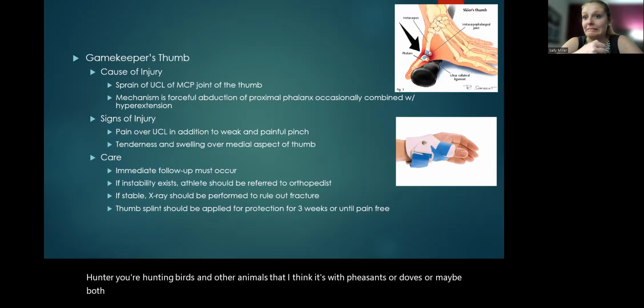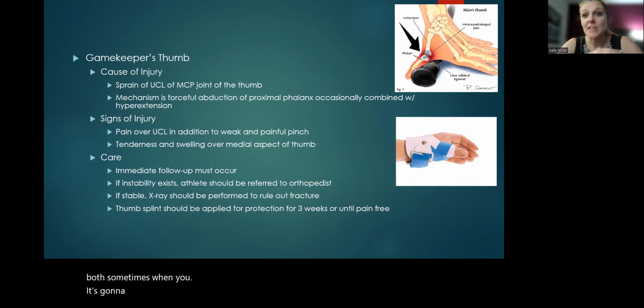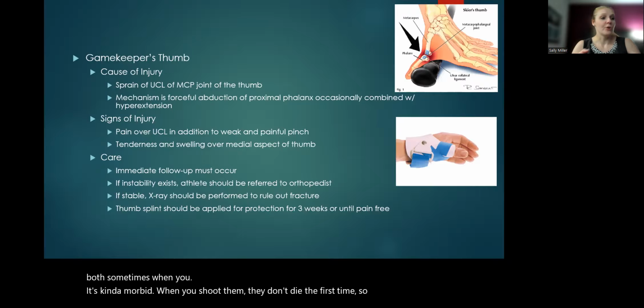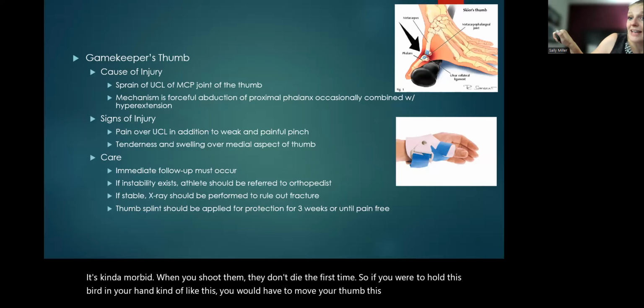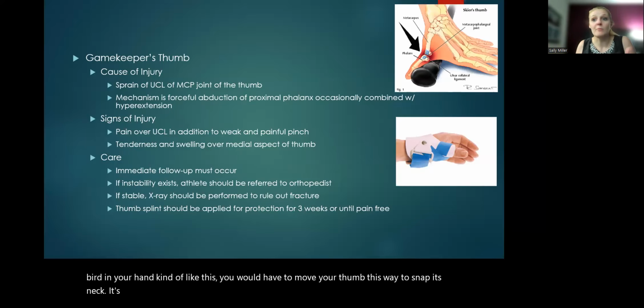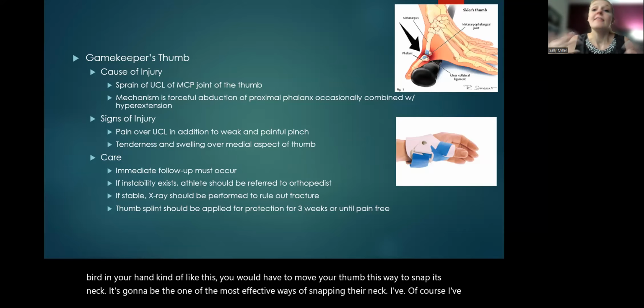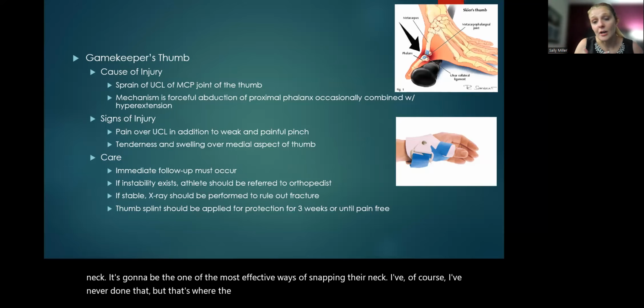Sometimes, kind of morbid, when you shoot them, they don't die the first time. So if you were to hold this bird in your hand, kind of like this, you would have to move your thumb this way to snap its neck. It's going to be one of the most effective ways of snapping their neck. I, of course, have never done that, but that's where that term comes from.